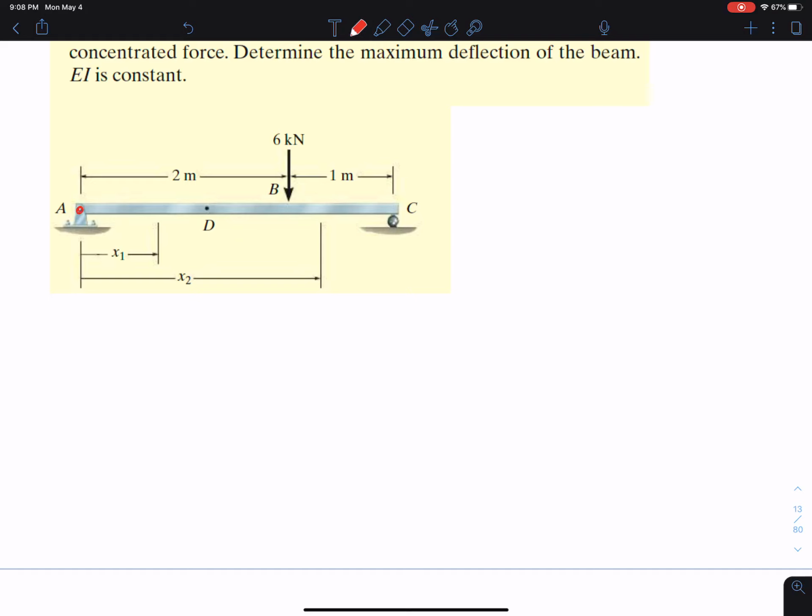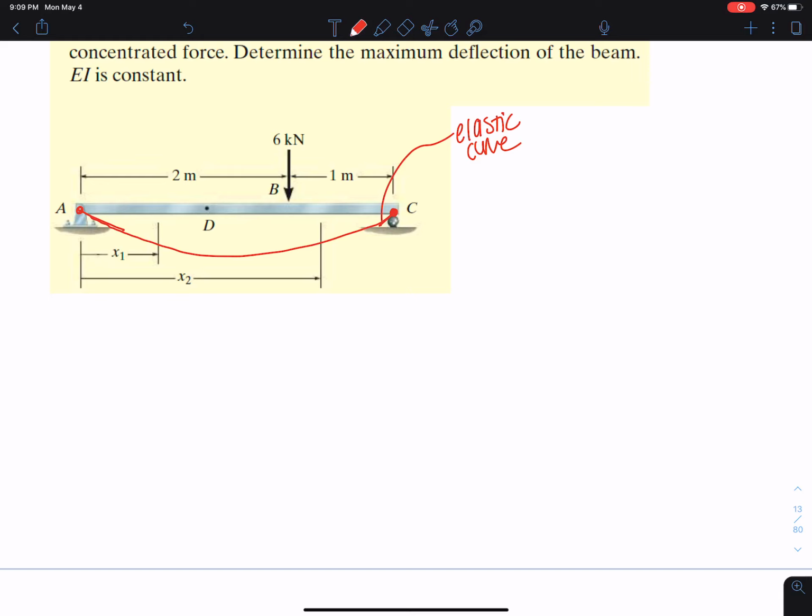That means that it has to stay there, but I can have some rotation. Same thing for C, I can rotate. So I'm just going to connect those, something like this. Okay, and this here is my elastic curve. Okay, pretty simple.